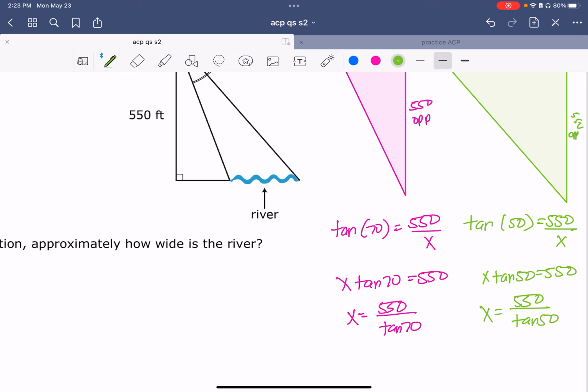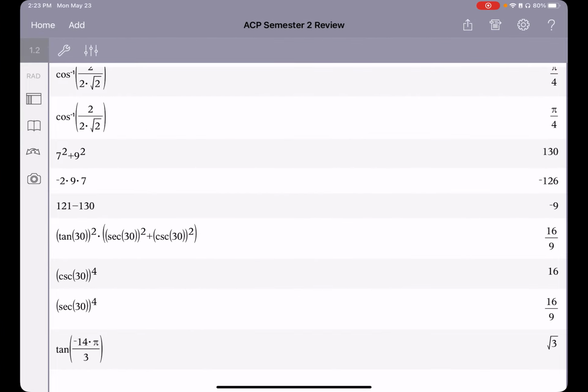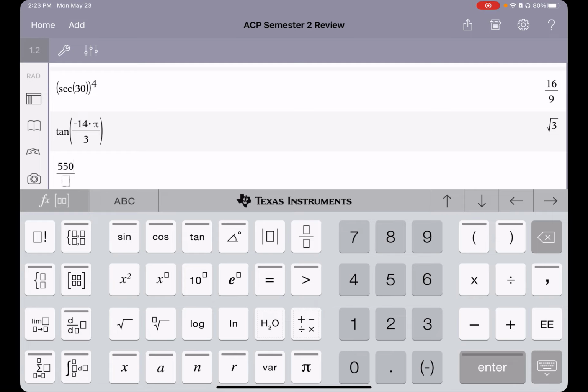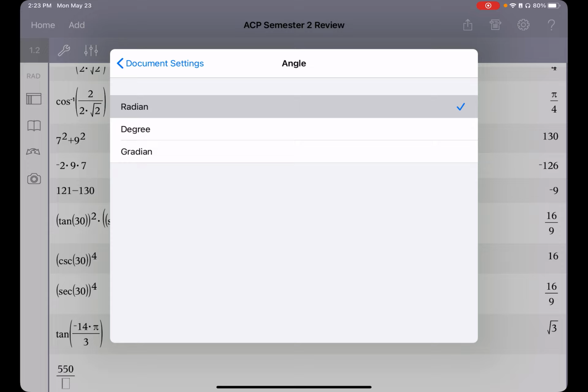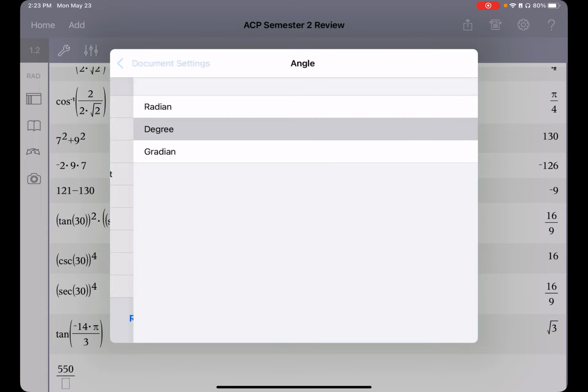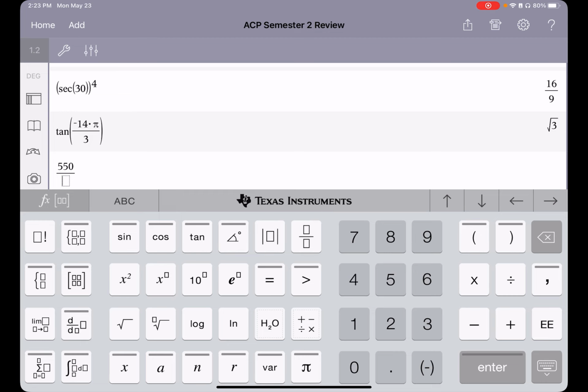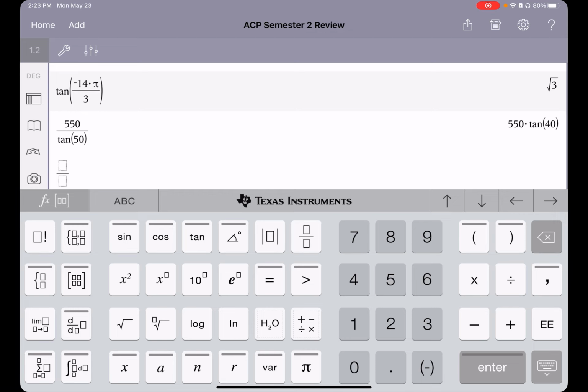Okay, so let's go do that. 550, and I am in radians, but I need to be in degrees because 50 and 70 are in degrees. So always pay attention to what mode you have to be in. One of them was tangent 50, the other one was tangent 70.